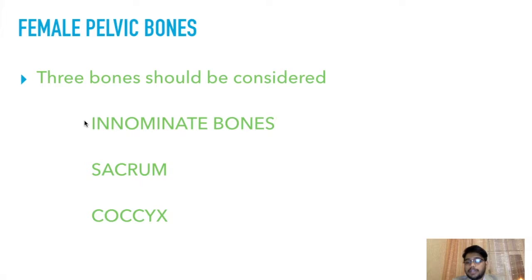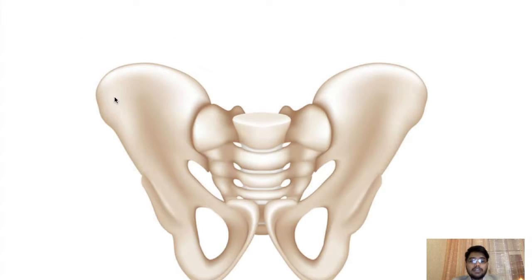So what are the innominate bones? The innominate bones are the group of bones which reside on the flare of pelvis, that is this part. As we know, this part is called ilium, this part is called ischium, and this is the pubic bone.